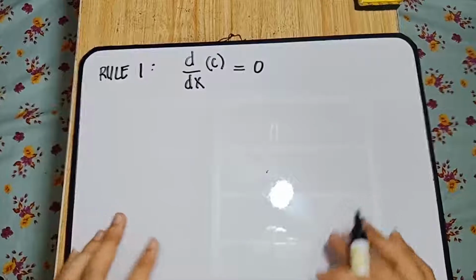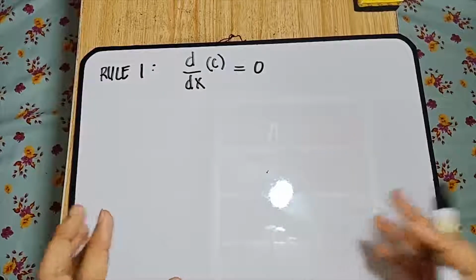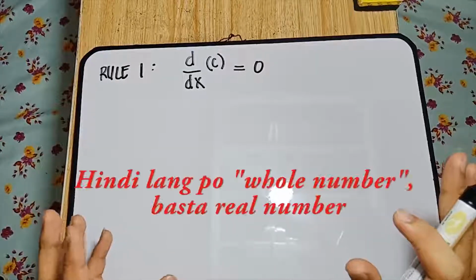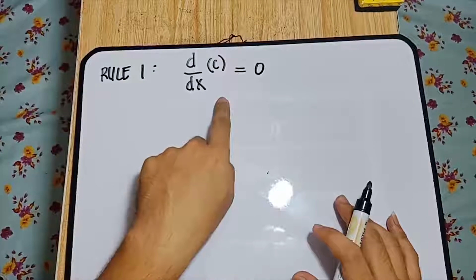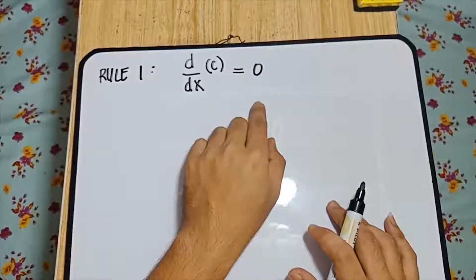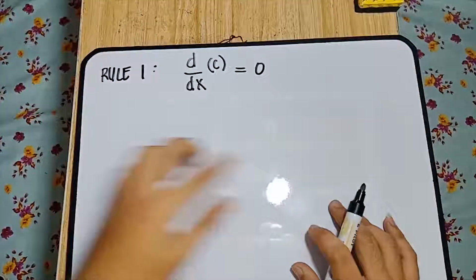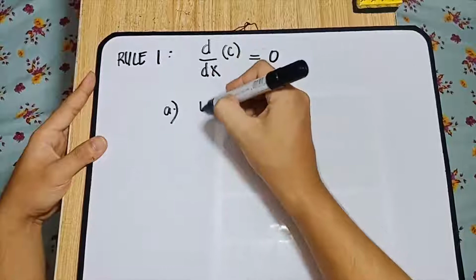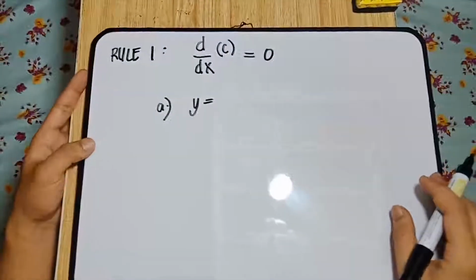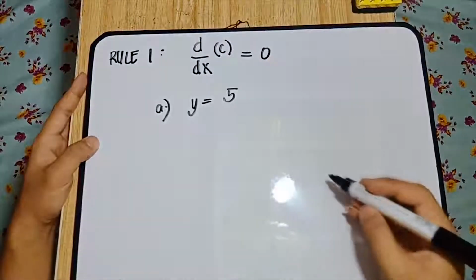So, kung whatever the given, basta yan ay constant. Ano ba yung constant? Yan yung mga whole number na walang variable. So, derivative of a constant is 0. Laging 0. Example na nga natin, halimbawa, y equals, let's say, 5.